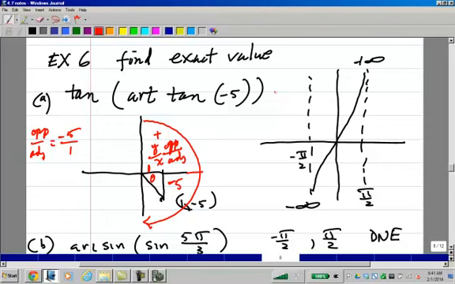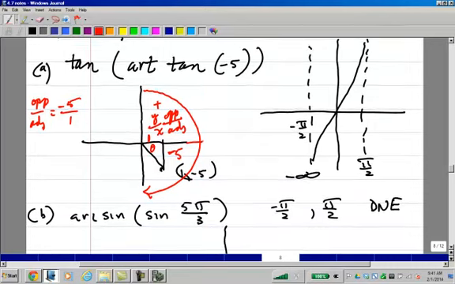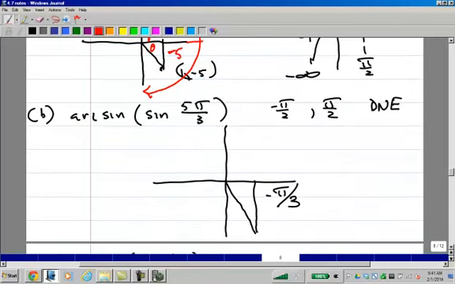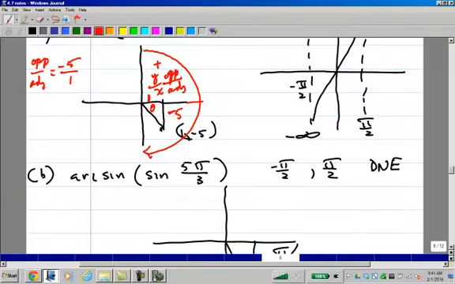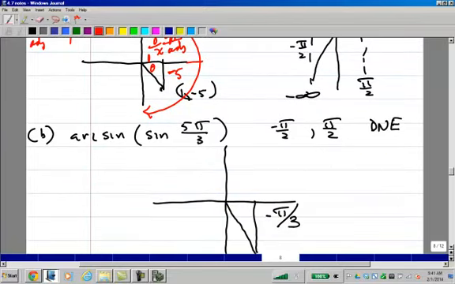Now this is not always going to be the case. Okay, so let's talk about when this isn't the case. So let's talk about here. The arcsine. Now note, before we were doing the tangent of an arctangent, now we're doing an arcsine of a sine. Okay? So the input is the non-inverse function, the output's the inverse.